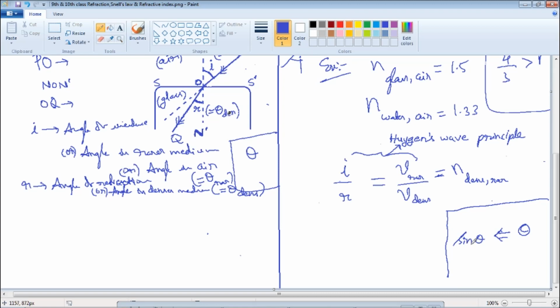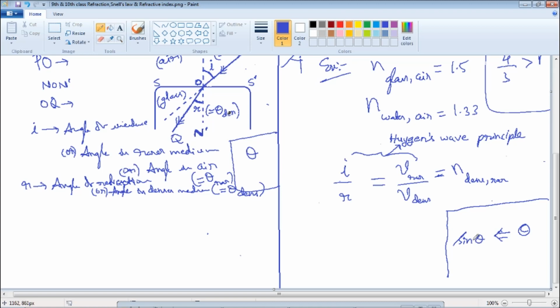It is actually related to the division of two sides of a triangle in which we are considering this angle theta. Exactly how the sine operation is performed on angle theta will come in another part; it belongs to a particular branch of mathematics called trigonometry.